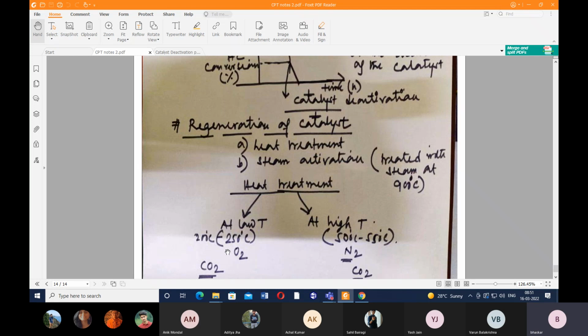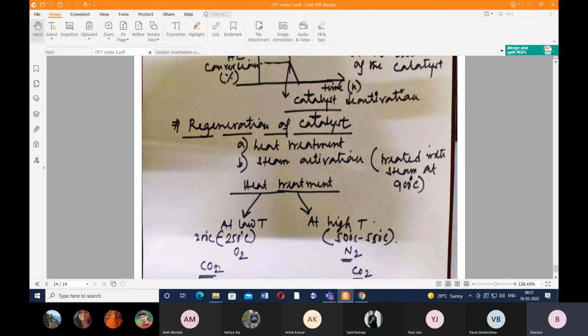If we take out a certain amount of gas and purge it in the gas chromatography, you will find two different peaks at two different retention times. One would be for carbon dioxide, another one would be for carbon monoxide. However, there will be a very minimal amount of carbon monoxide associated with this carbon dioxide, but let's assume we have got complete combustion. So we have got around 100% CO2 yield.